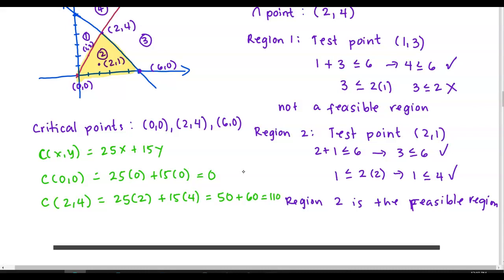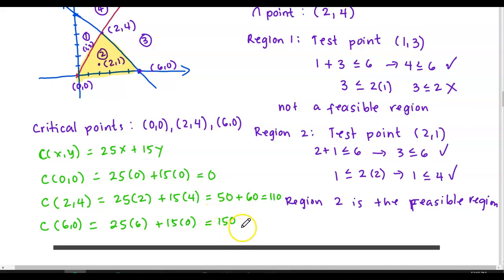That gives us 110. The next is to evaluate C at (6, 0): 25 times 6 plus 15 times 0. Now, 25 times 6 is 150.